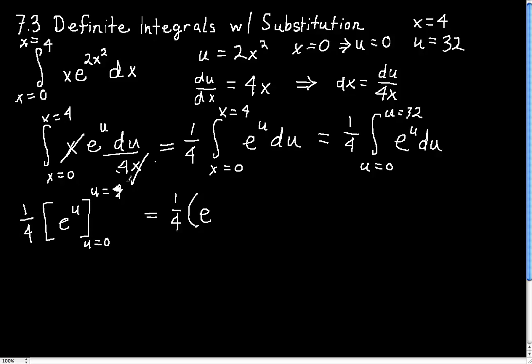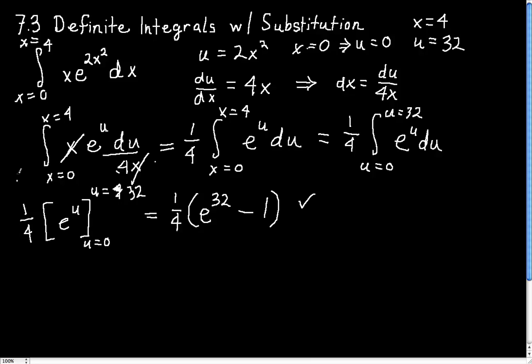This is supposed to be u equals 32. So I get e to the 32 because that's the top limit right here. That came from right here. Sorry for the mistake. And then minus this evaluated at the bottom limit. So that's u equals 0, so e to the 0 is 1. And then I'm finished. This is the number that I was looking for.